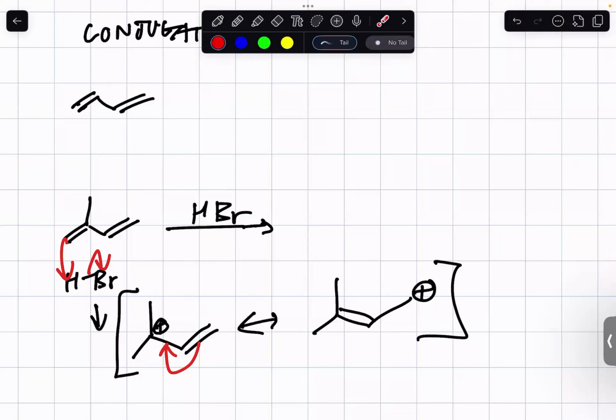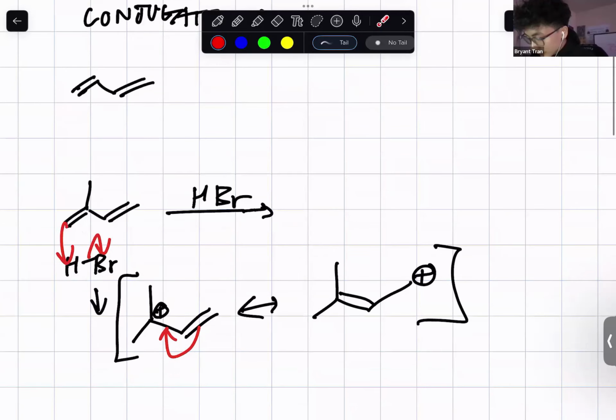Now that was if we reacted with the left alkene. Let's do the same with the right alkene. We see that the more stable carbocation is on the left carbon, because it's more substituted and it's also allylic.